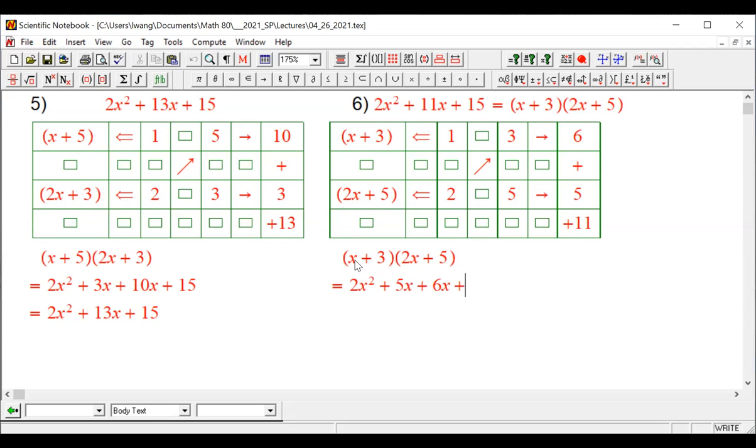And 3 times 5 is a 15. So in the end, we got 2x squared plus 11x plus 15. It worked. They worked. Very good. Okay, very good job.